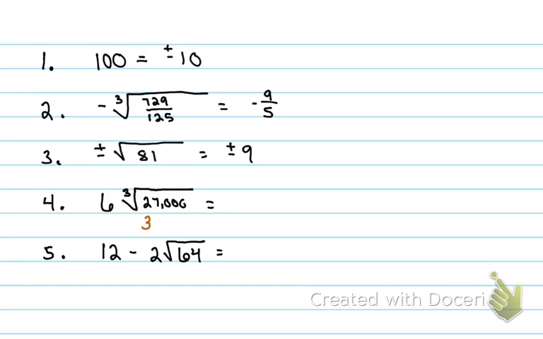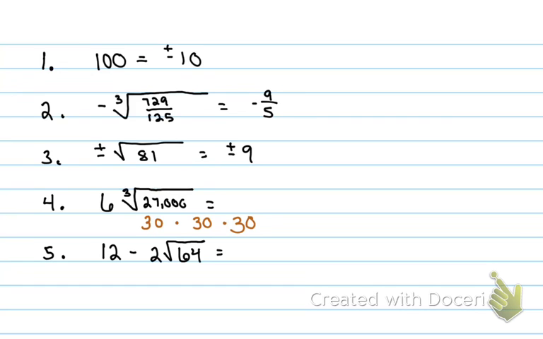You have to multiply that number times itself 3 times, and it needs to end up with 3 zeros. 30 times 30 times 30 has 3 zeros being multiplied, so that's how I know that 30 is my cubed root.